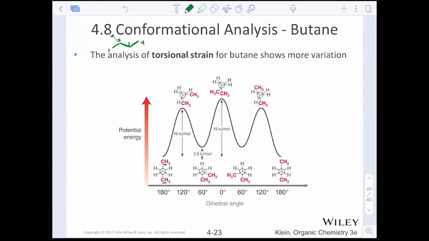When the methyl groups are opposite of each other, that is the lowest energy possible. This is actually called our anti-configuration, when the 2 biggest groups are farthest apart. They're on opposite sides.